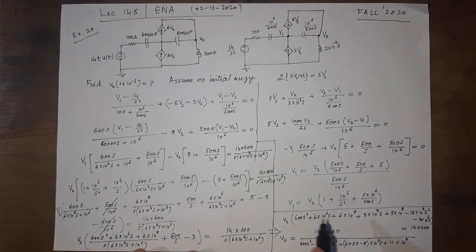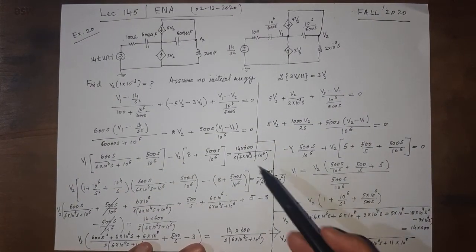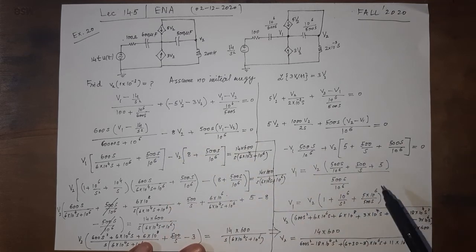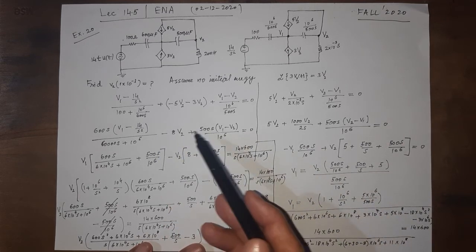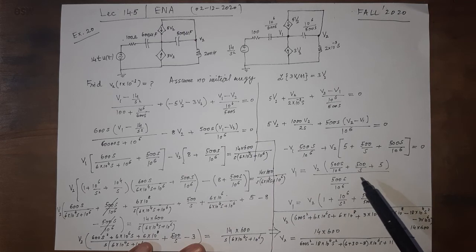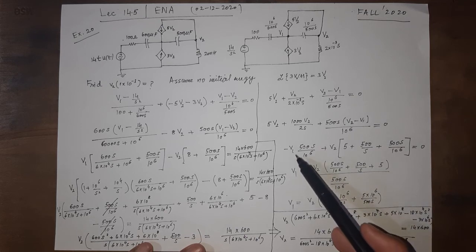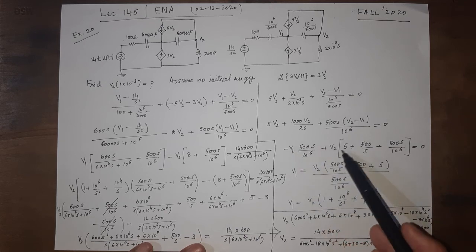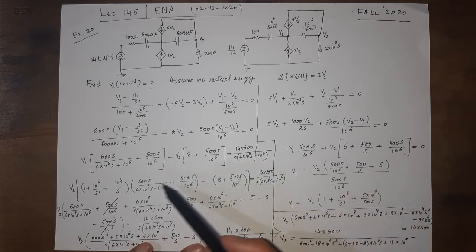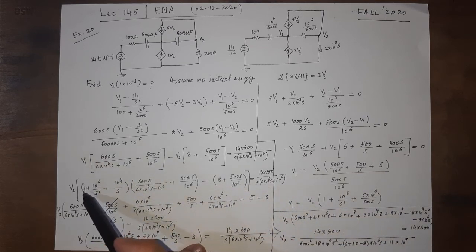Well, I have tried to simplify it, but either I have made a mistake or it has become very complicated. So basically, from this equation, I found V1 equal to this thing, and then I put it here instead of V1.